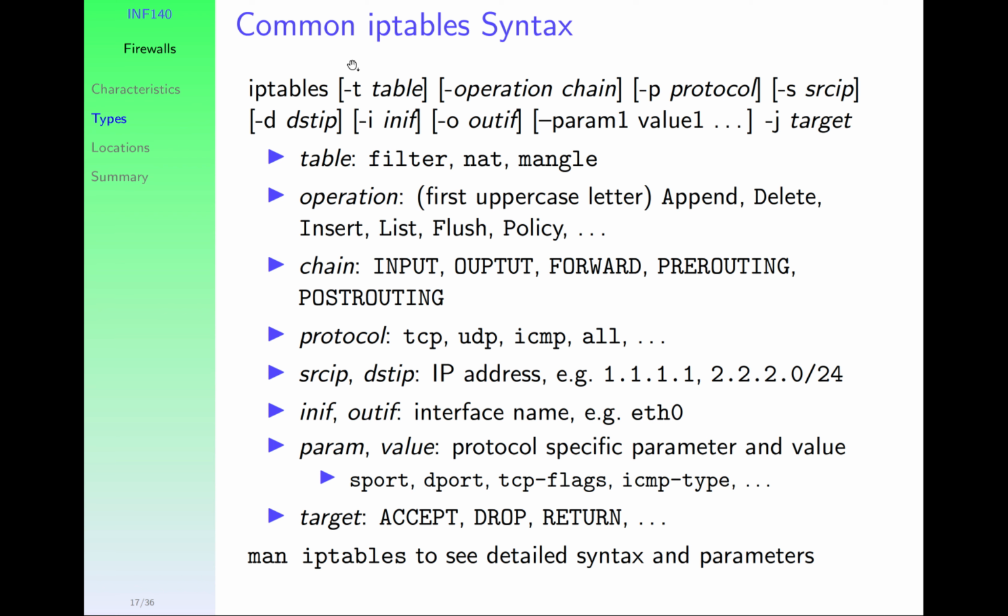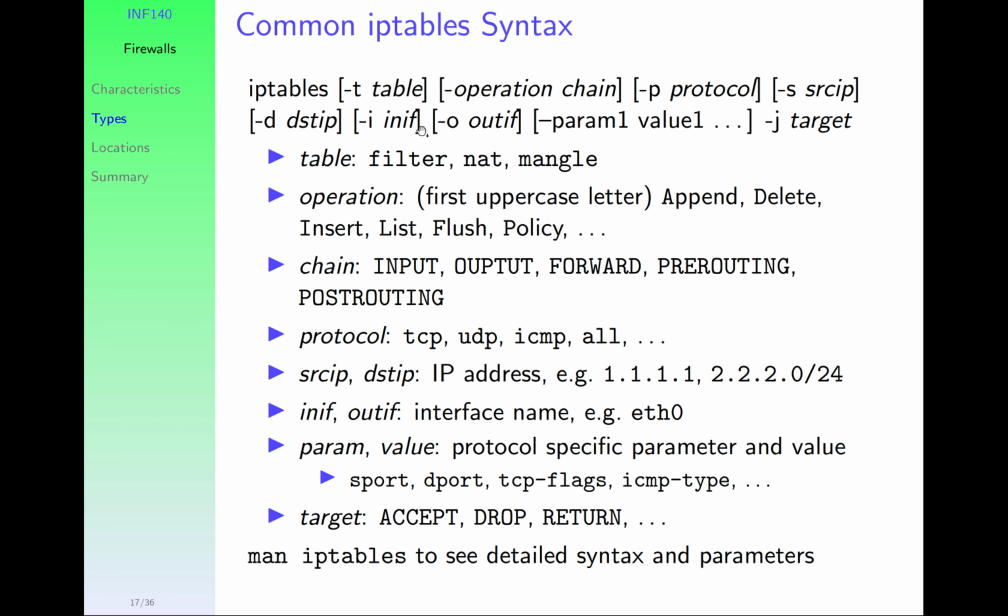So this is the usage of the iptables syntax. You see iptables, and then you need to provide the table. By default, it's filter. Then it's an operation on a chain, whether it's the input chain or output chain or forward chain. Then we need to specify the protocol name, and then the source IP address by -s, and -d, that's the destination IP address.